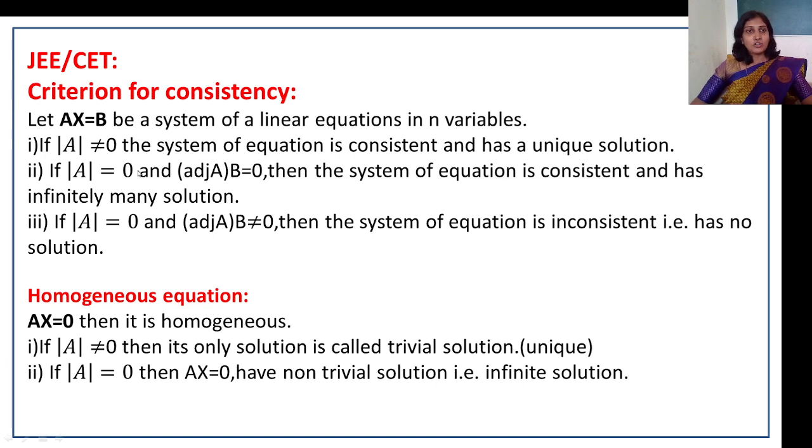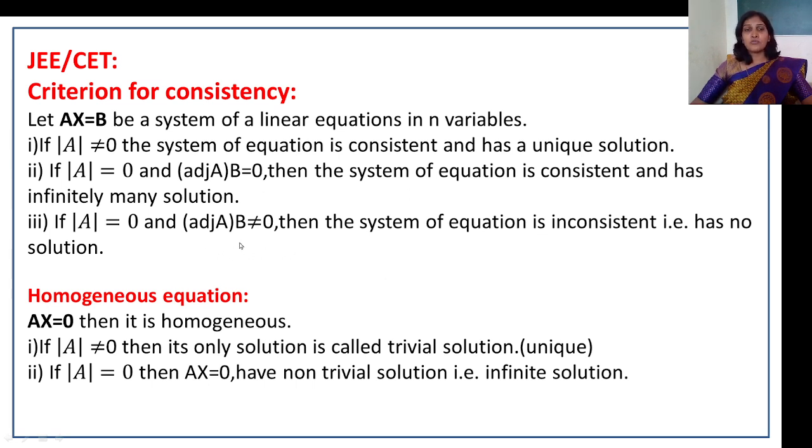If determinant of A is equal to 0 and adjoint of A into B is equal to 0, then system is consistent but has infinitely many solutions. If determinant of A is equal to 0 and adjoint of A into B is not equal to 0, then system is inconsistent. That means it has no solution.